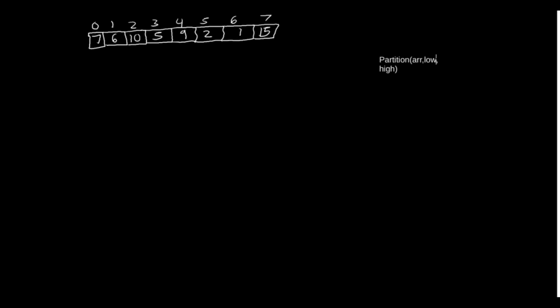Low will be the beginning of the array, and high will be the end of the array. The pivot will be array[low], and we're going to have our start and end pointers.